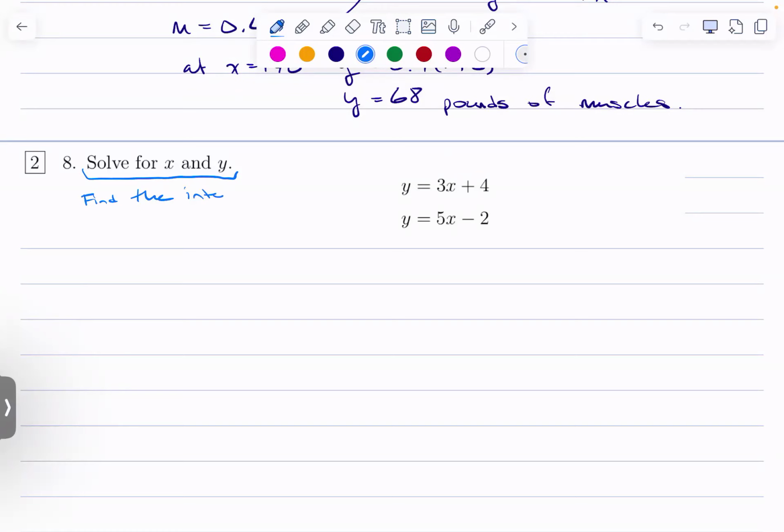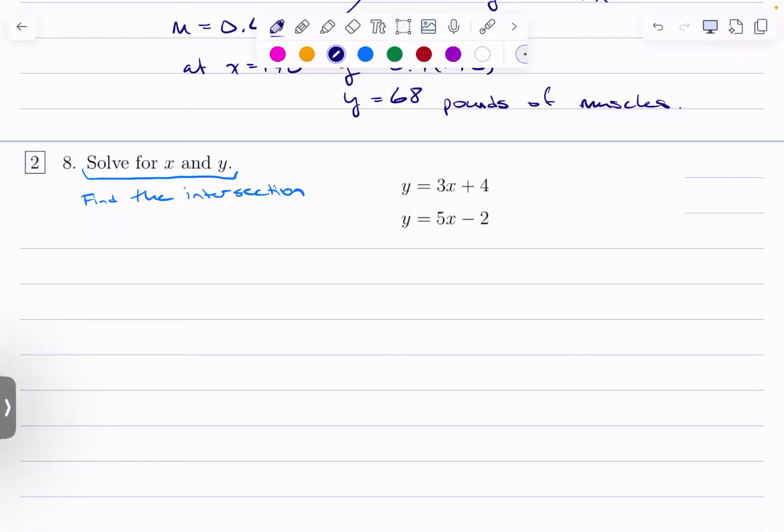Find the intersection. When they're set up like this, we looked at a couple of different ways, but I'm just going to set the y's equal to each other and solve for the x that makes that happen, and then I can solve for the y.